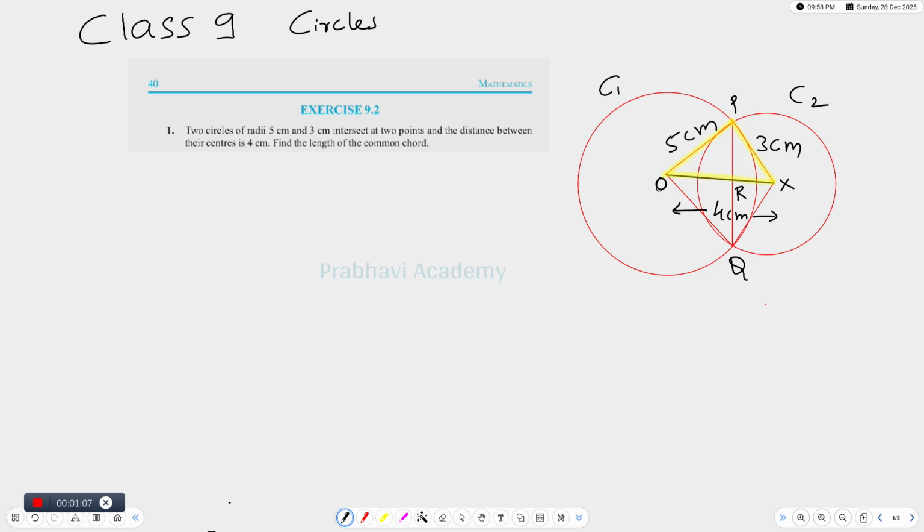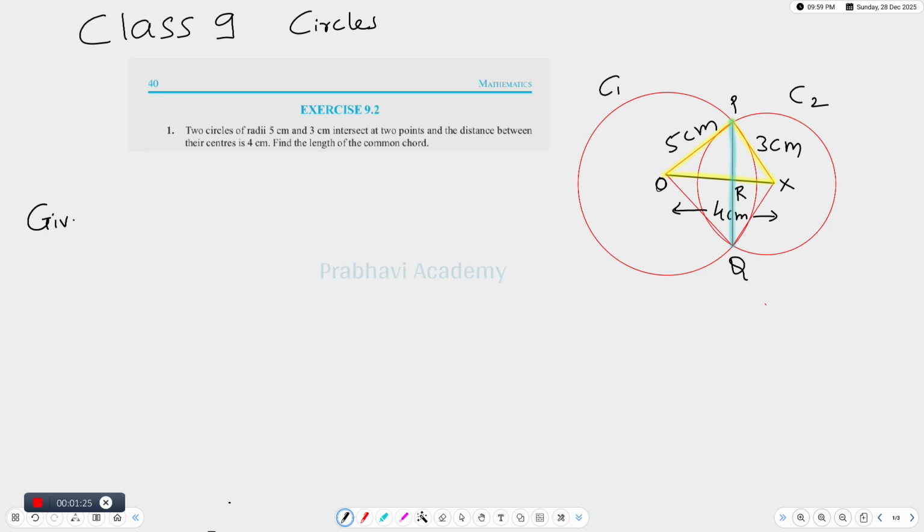Now find the length of the common chord. So the common chord here is PQ. Its length is to be calculated.